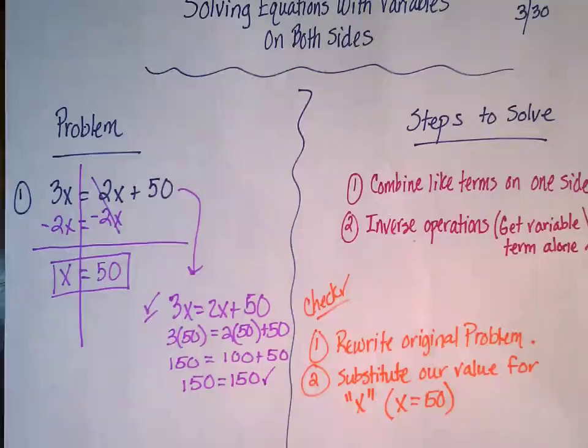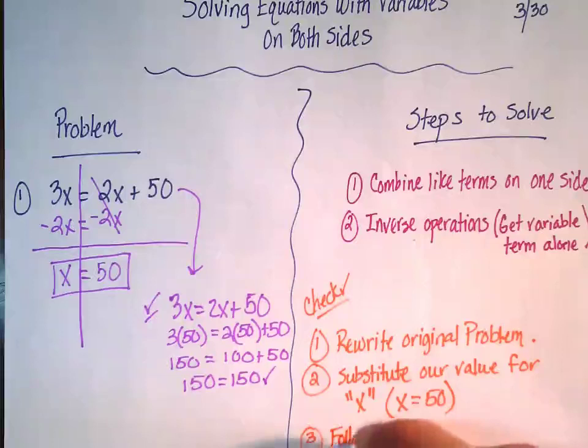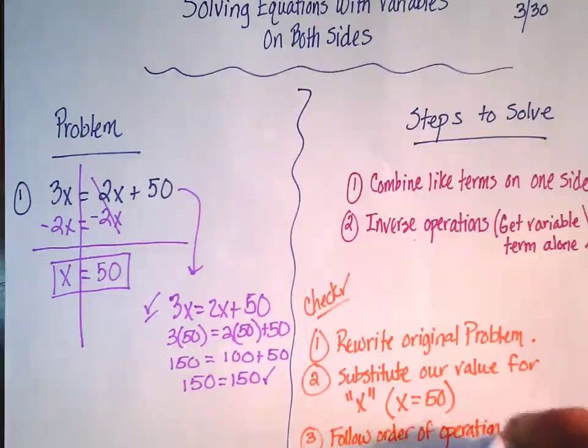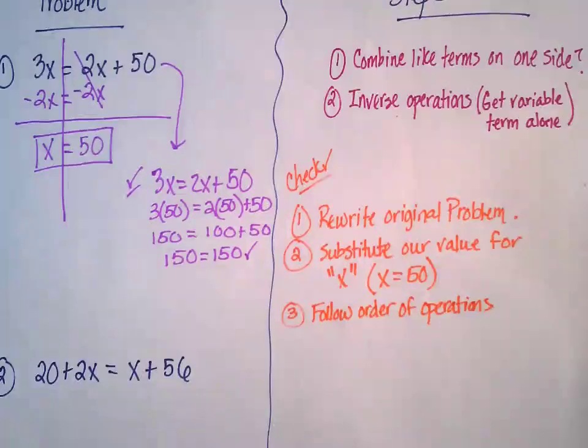And the other thing you need to tell yourself, once you substitute everything in, is you got to follow order of operations. And you guys know that as PEMDAS, right?